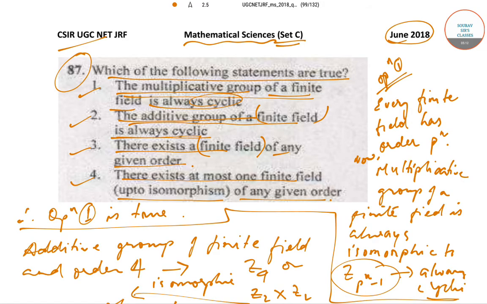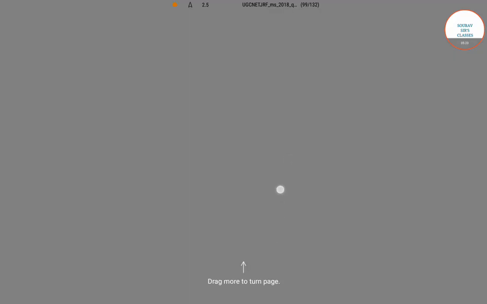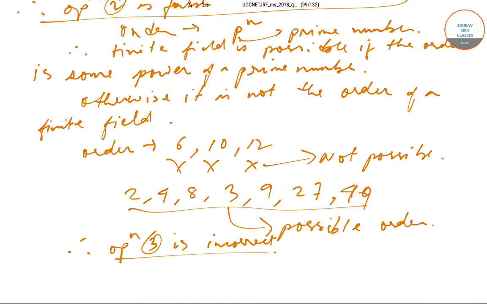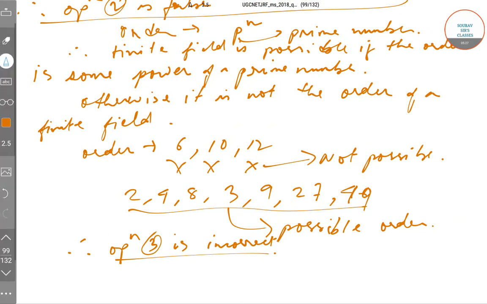Now let us shift our focus to option 4. Now in option 4, it is said that there exists at most one finite field up to isomorphism of any given order. So let us solve this part. Let me insert another page over here.